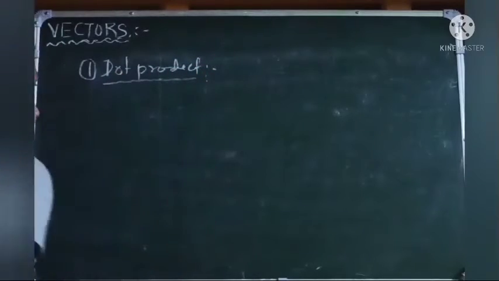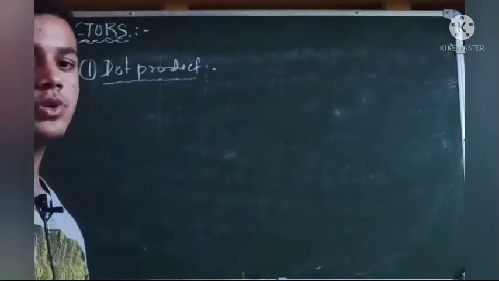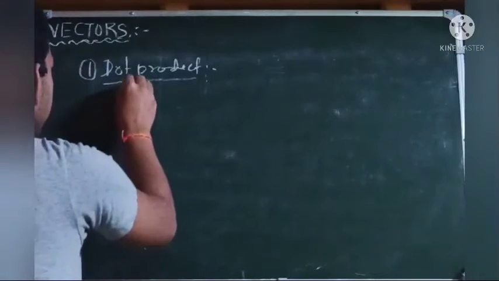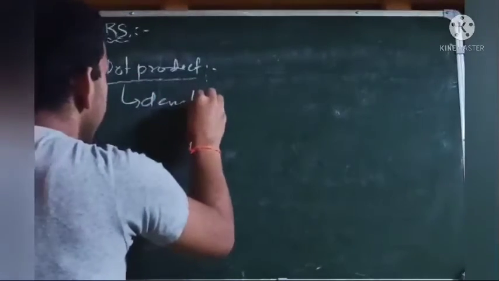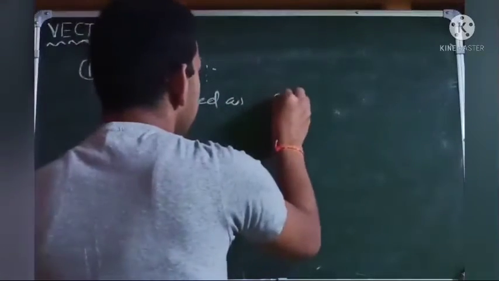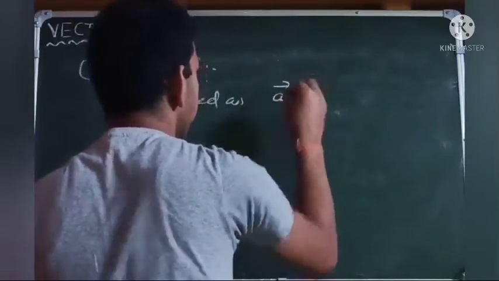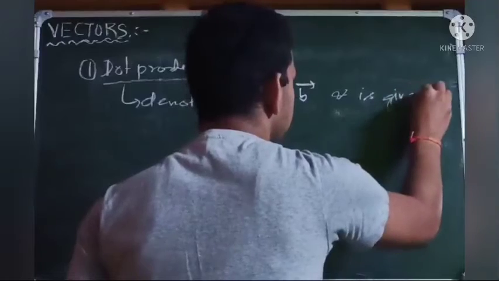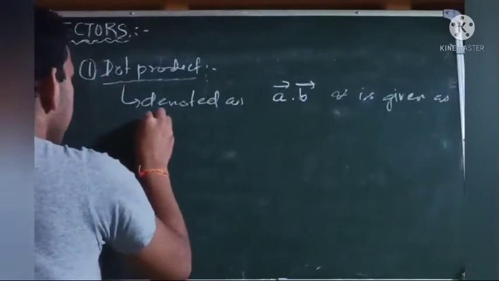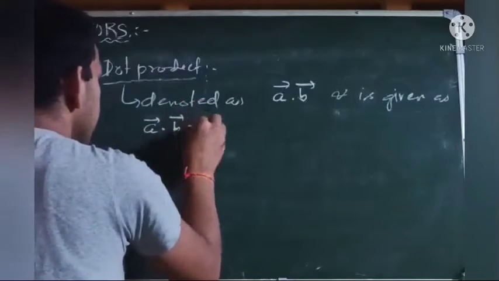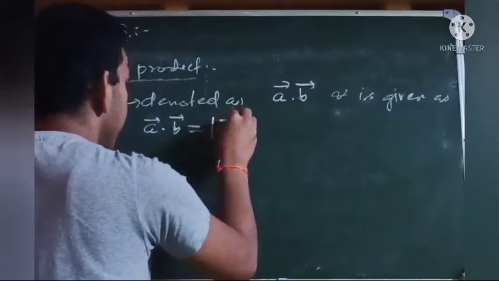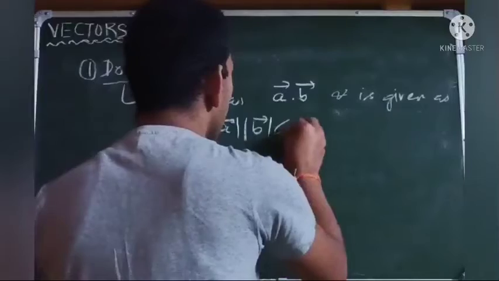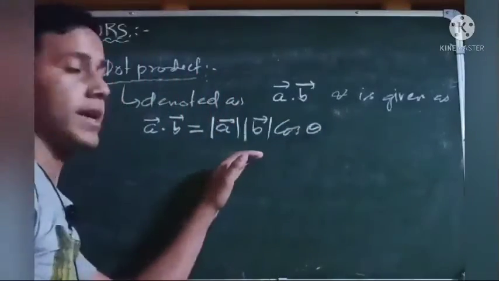Dot product or scalar product. The dot product between two vectors, that is between suppose a vector and b vector, is denoted as a dot b, and is given as a dot b is equal to magnitude of a vector multiplied with magnitude of b vector multiplied with cos of the angle between the two vectors, that is a vector and b vector.